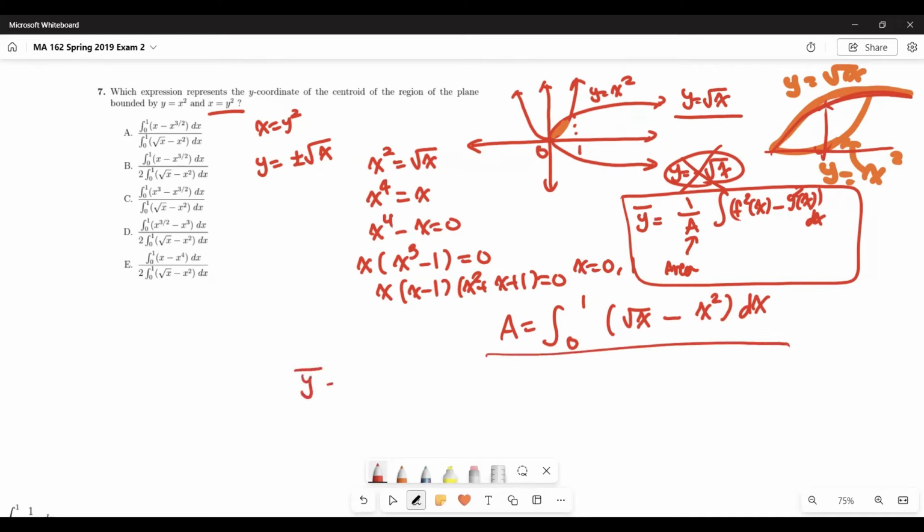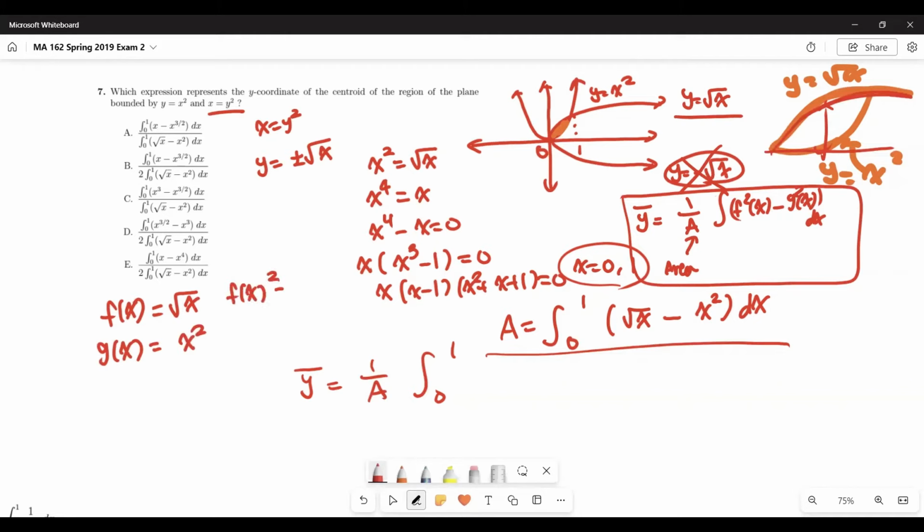So the y centroid coordinate is 1 over A, with intersection points 0 and 1, of f squared minus g squared. In here, f of x will be our bigger height, which is square root of x, and g of x will be x squared. So f squared becomes x, and g squared becomes x to the fourth power. So this becomes x minus x to the fourth power dx.